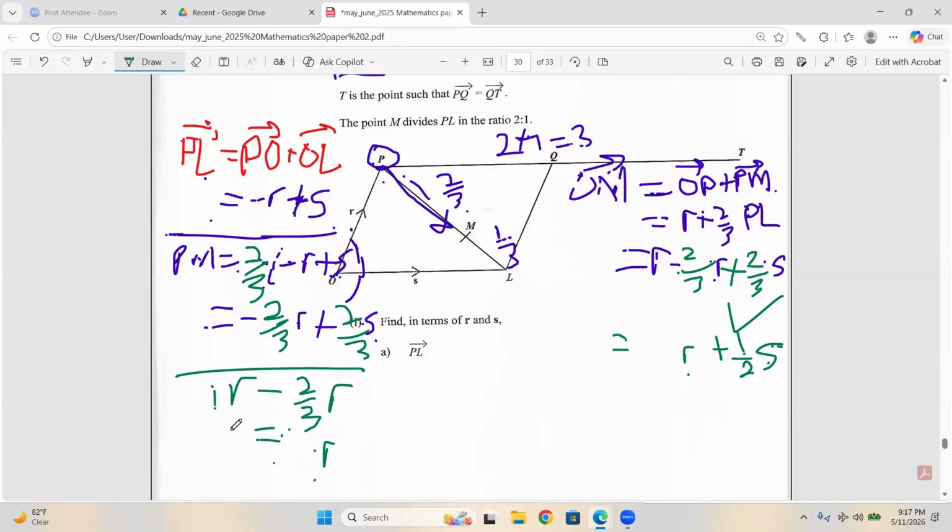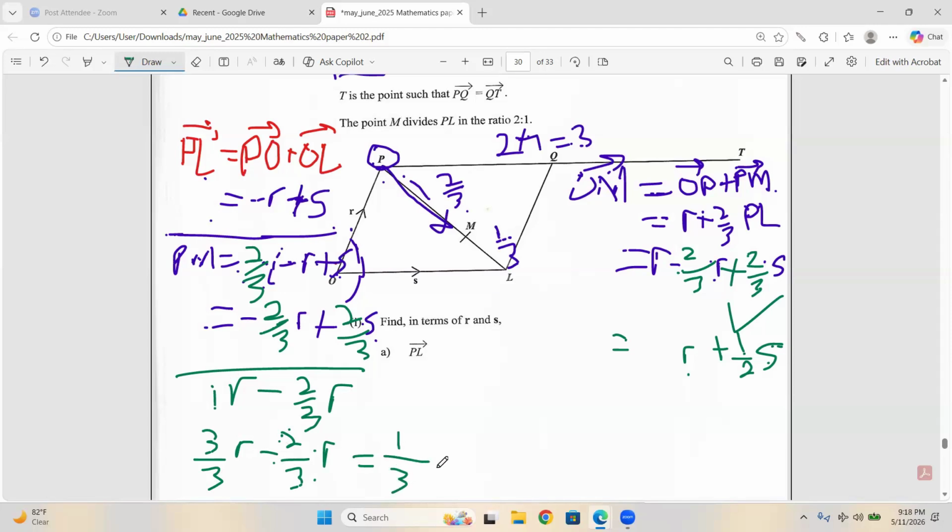This here can also be written as 1 could be written as 3/3, because we deal with fractions that have a denominator of 3. So we can write 1 as 3/3 R minus 2/3 R. Taking away their numerators because they are like fractions with the same denominator, 3 take away 2 is 1.